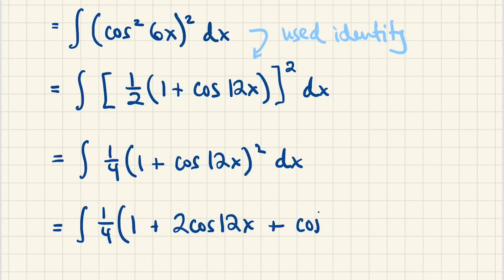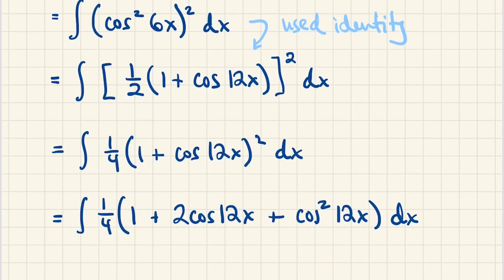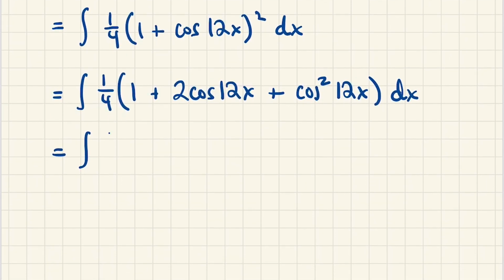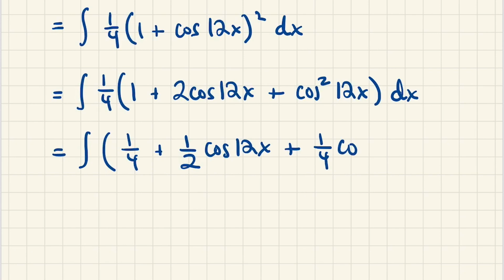That would be cosine squared 12x. And let's distribute the 1/4. So we have 1/4 plus 1/2 cosine of 12x plus 1/4 cosine squared of 12x.